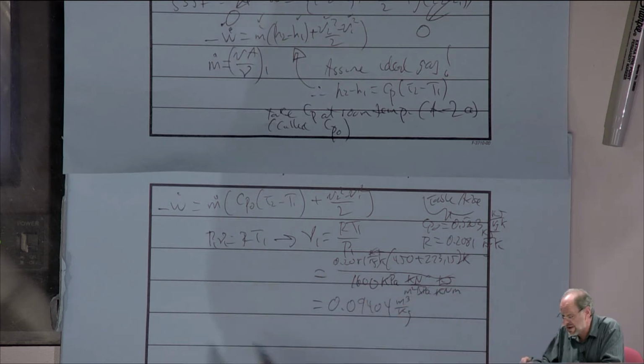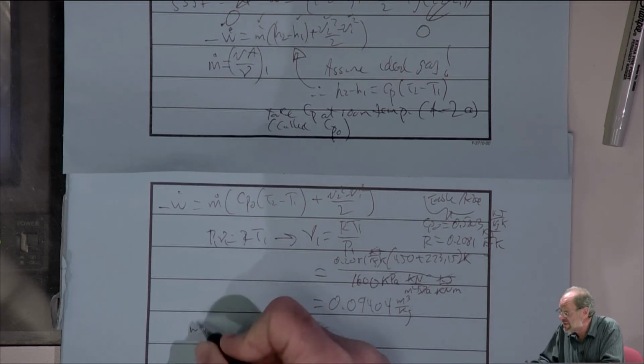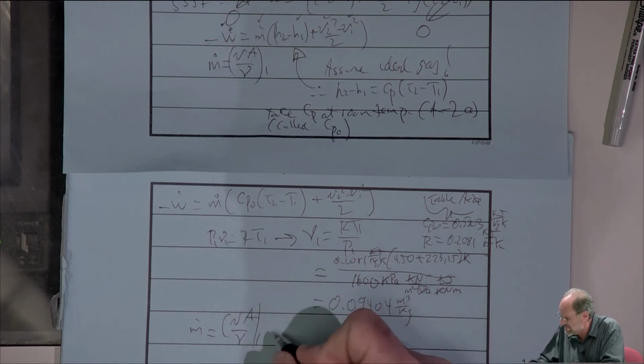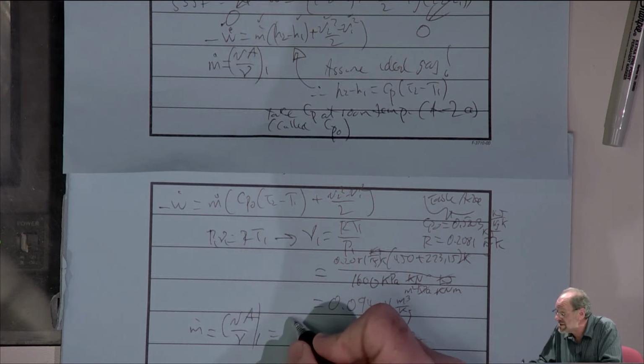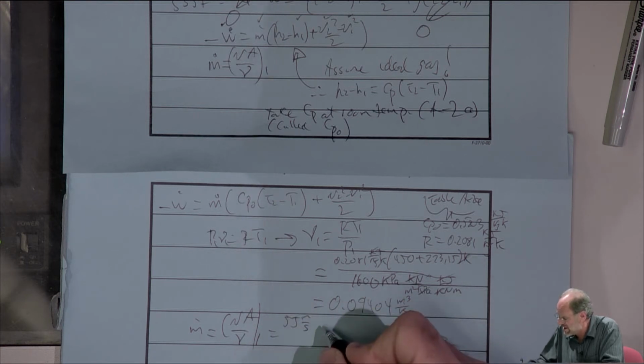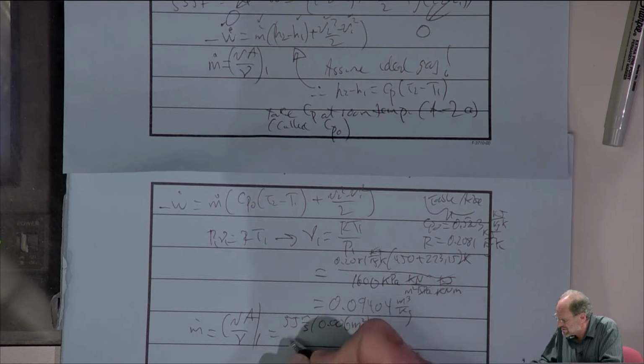Now we can find the mass flow rate. The mass flow rate is the velocity times area over specific volume at 1. The velocity is given, it's 55 meters per second. The area is given, 6 square meters. Specific volume is found.